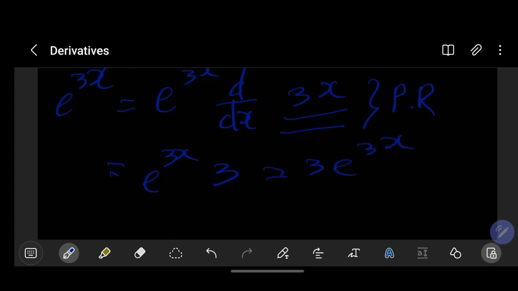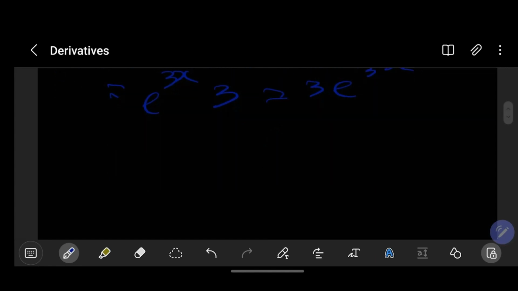Okay, quite simple, right? What if we have x to the e? That's basically equal to e x to the e minus 1 using the power rule.